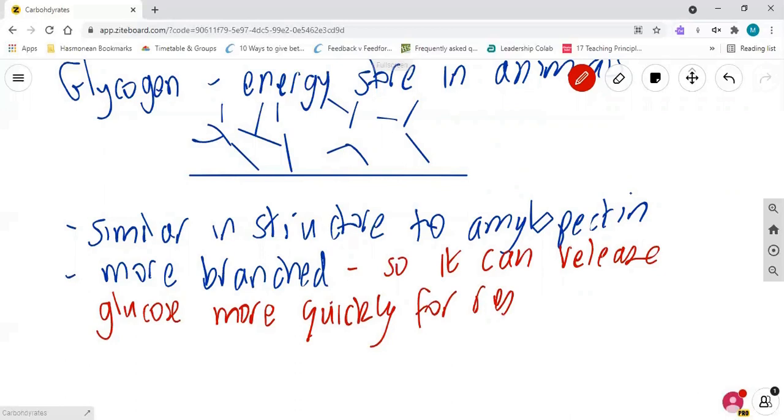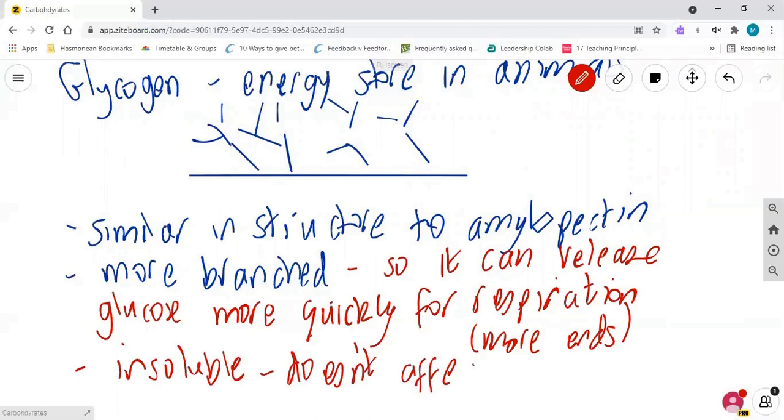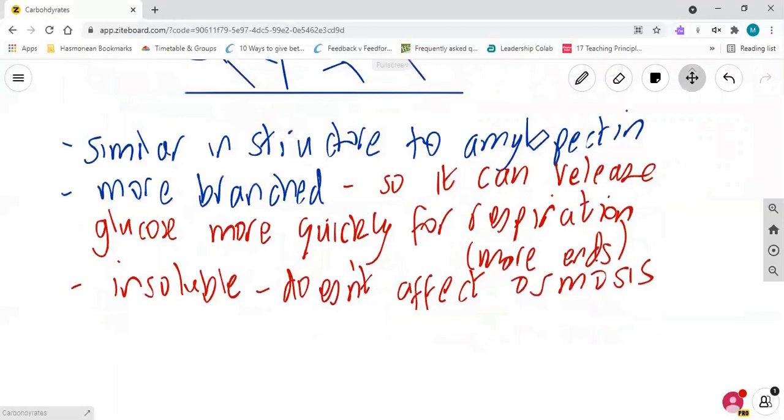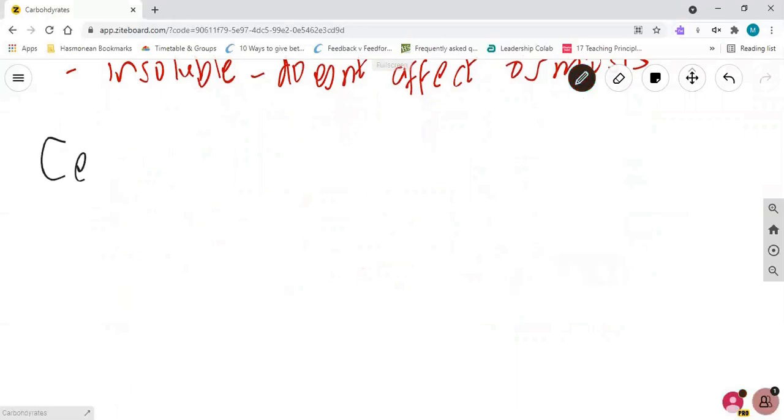So it's even quicker than in plants, which aren't quite as metabolically active. Okay, and that's because there are more ends. Like starch, it's insoluble, so it doesn't affect osmosis. Fortunately, it's not quite as compact as starch is because of its branches rather than its coils. Okay, so the last one to look at is cellulose.